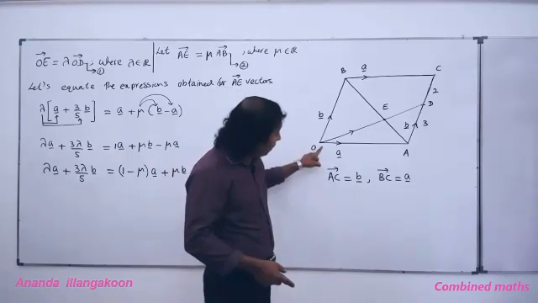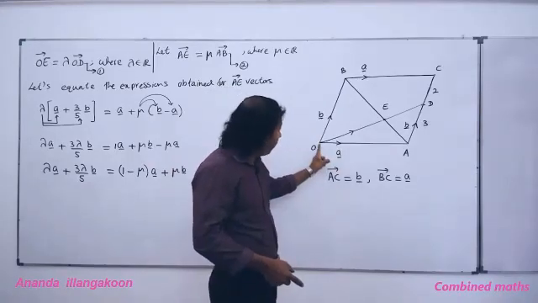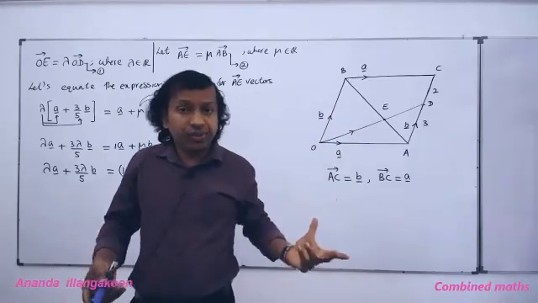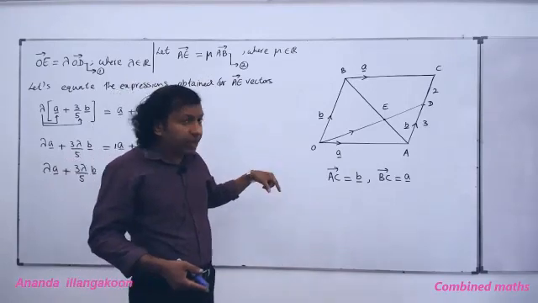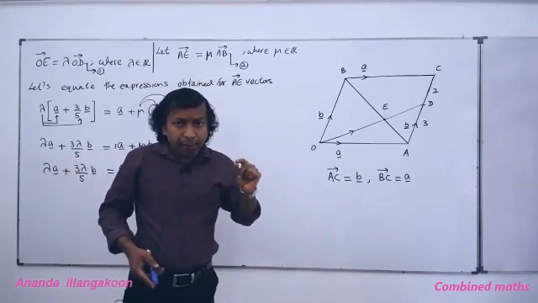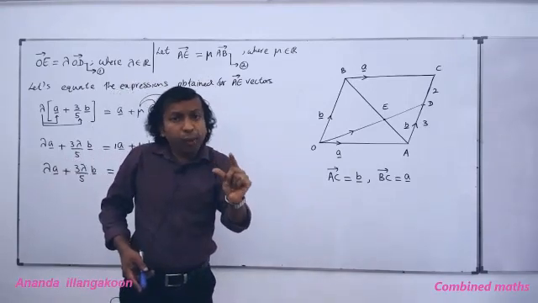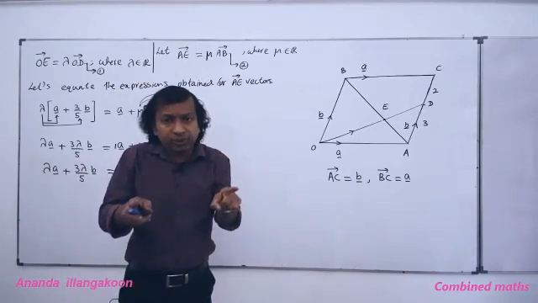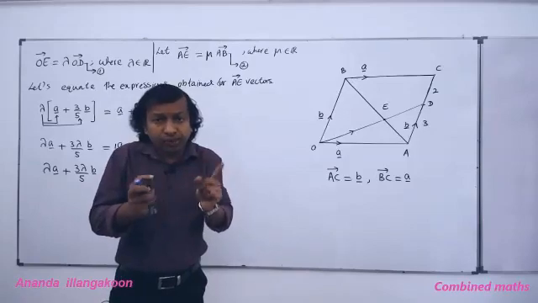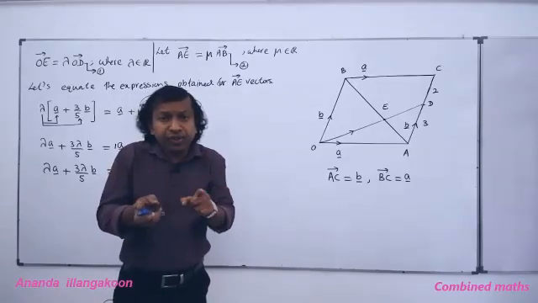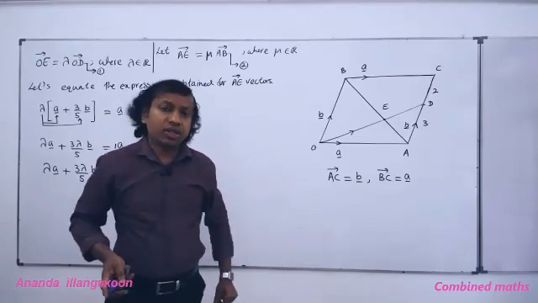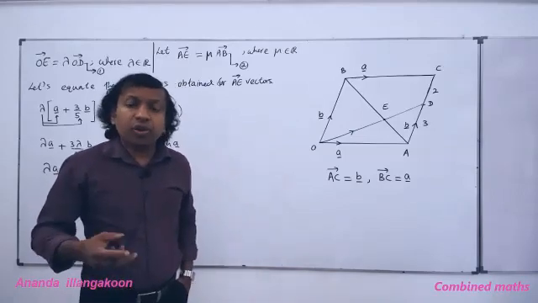The other thing is that the OA line segment and OB line segment are not parallel, very obvious. Both line segments begin from O, the same point. If two line segments begin from the same point and are not overlapped, then definitely they are not parallel.